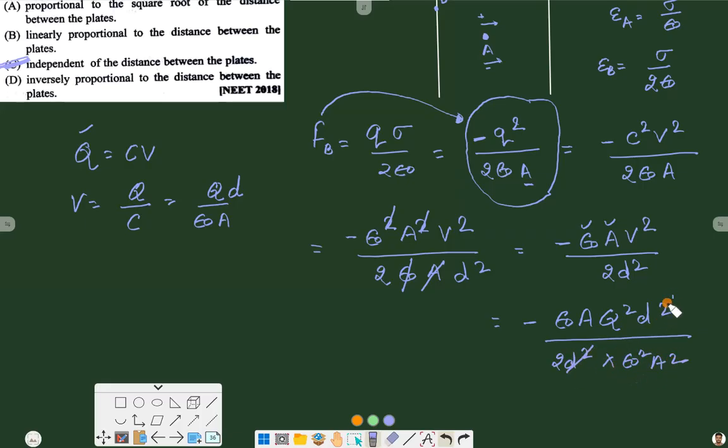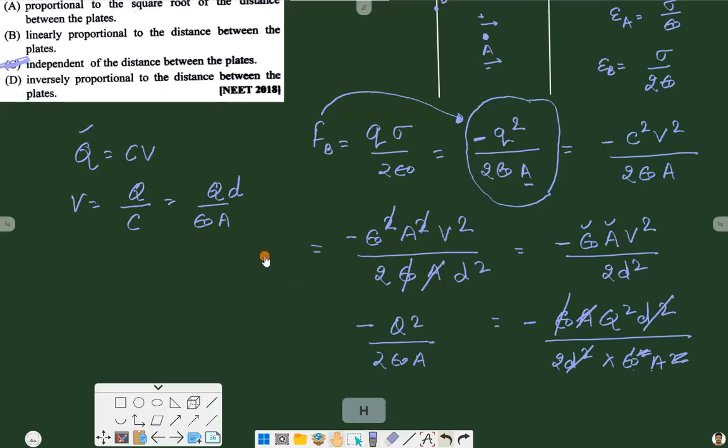So D square gets cancelled, epsilon naught square gets cancelled, and one A gets cancelled. So it again comes back to Q square by 2 epsilon naught A.